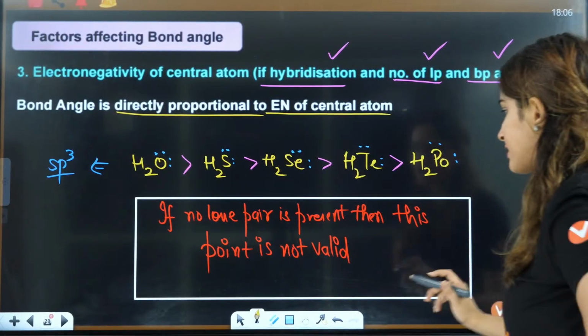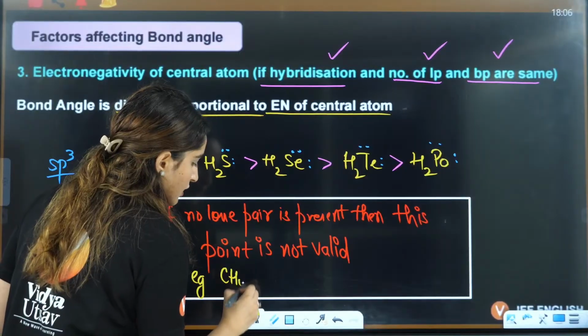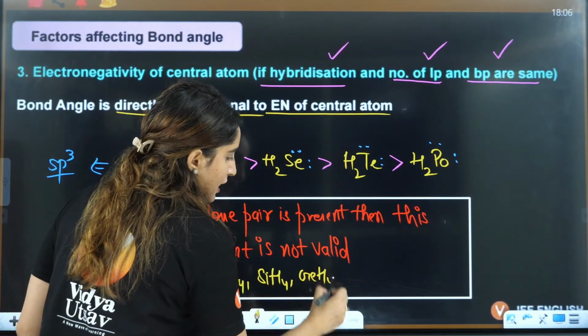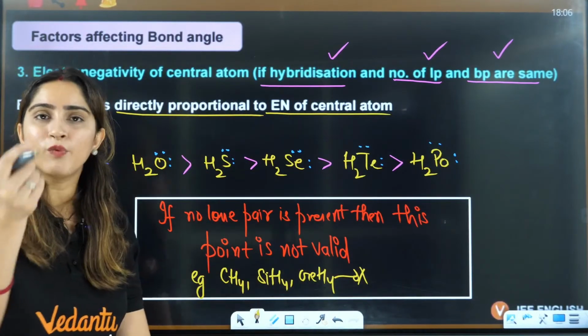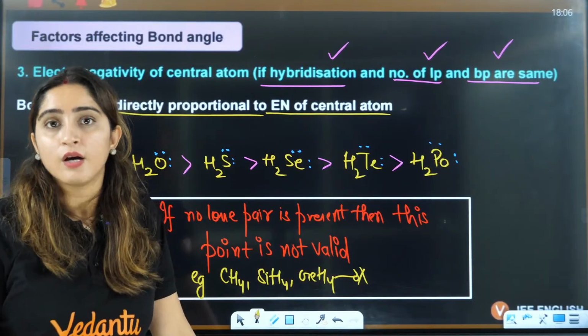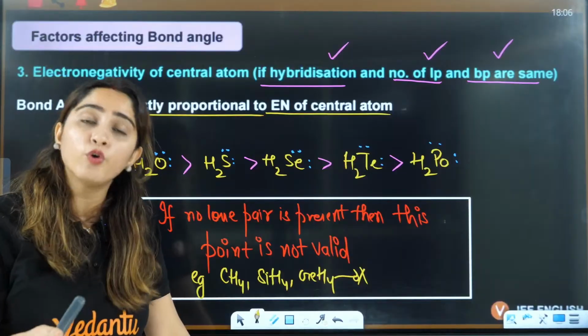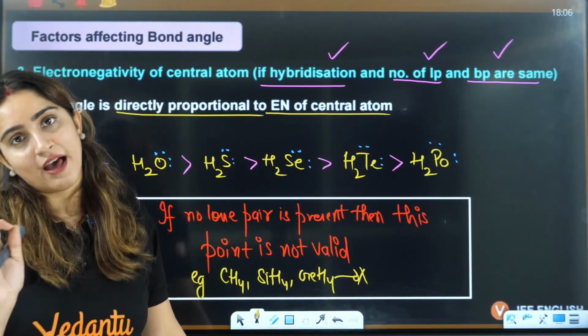So I'll write, for example, CH4, SiH4, GeH4. This point is not valid because there is not even one single lone pair here. So at least one lone pair should be there, only then this relation is valid, okay?